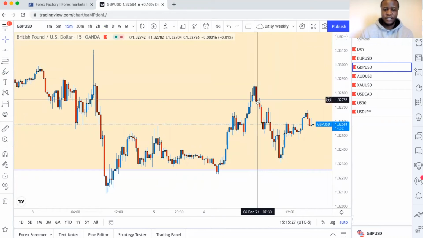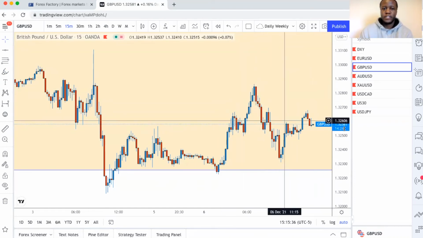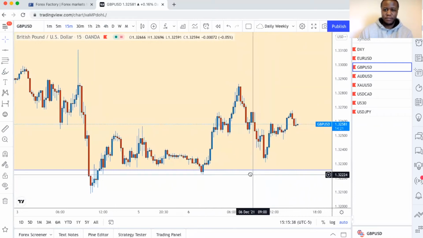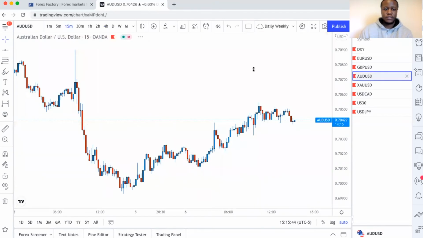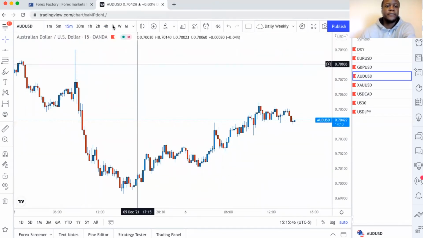That's it. That's all I'll be doing for short term scalps. This is not really about scalps, it's about market structure. So see another pair.